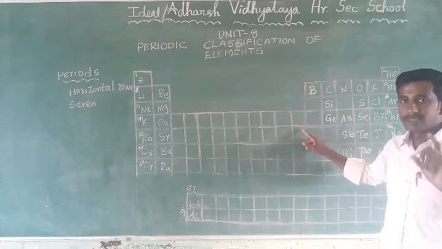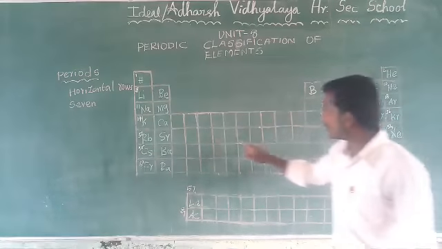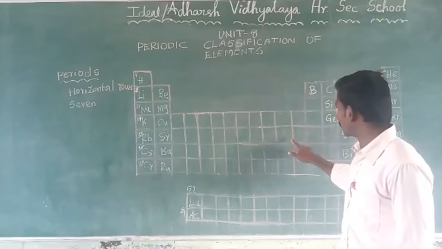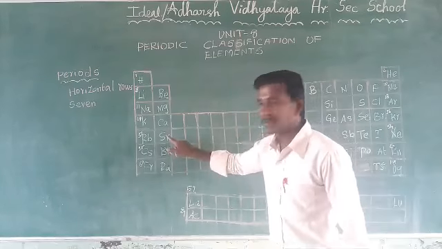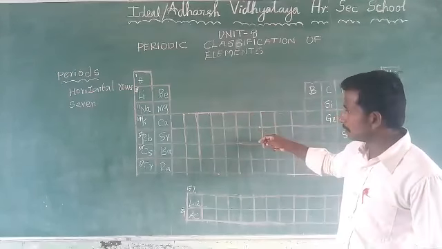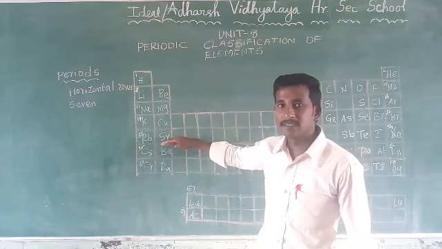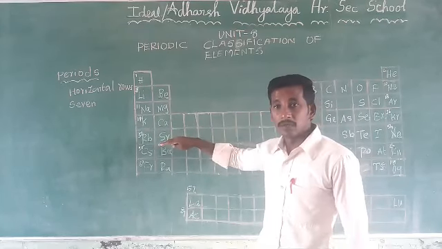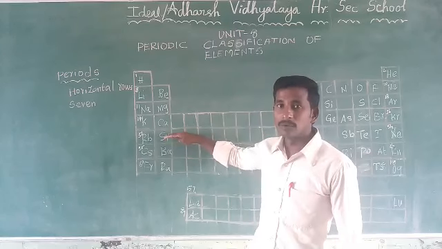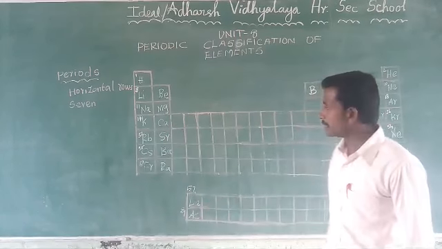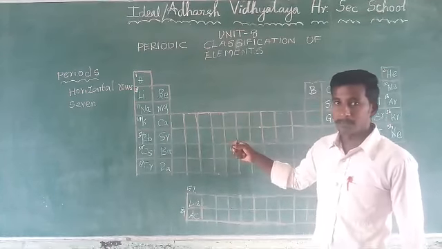Totally 8 normal elements and 10 transition elements, so totally it contains 18 elements. So this period is also a long period.